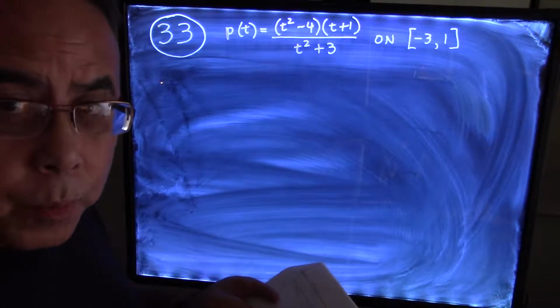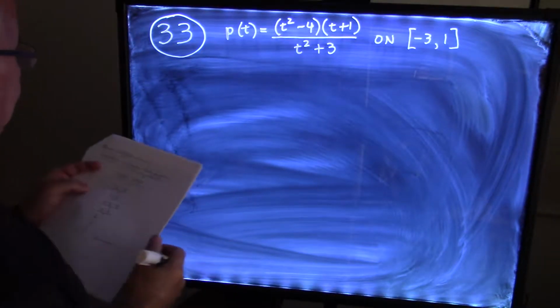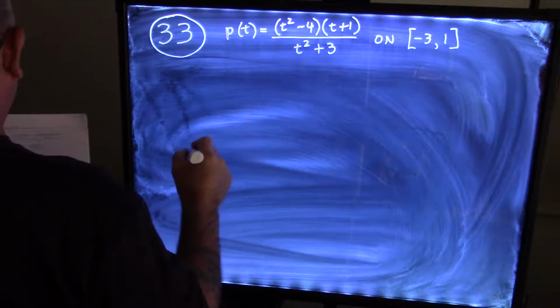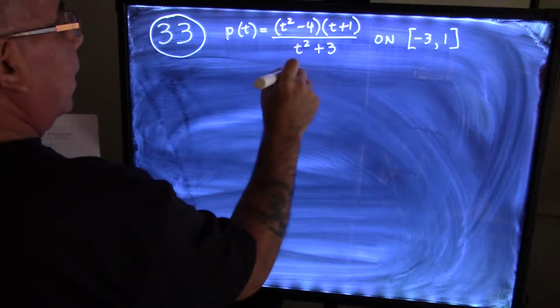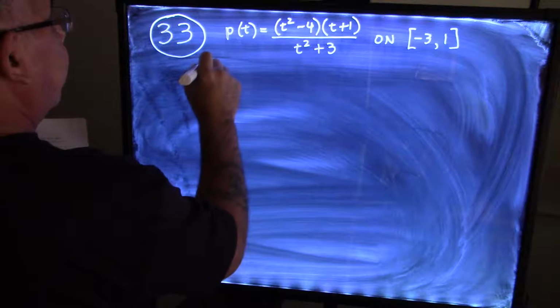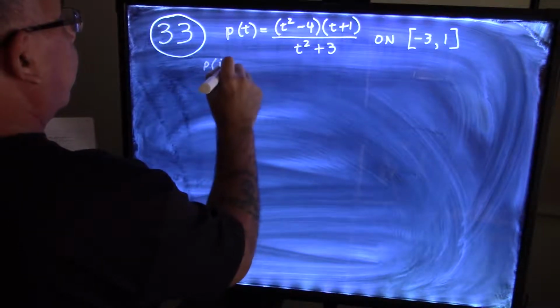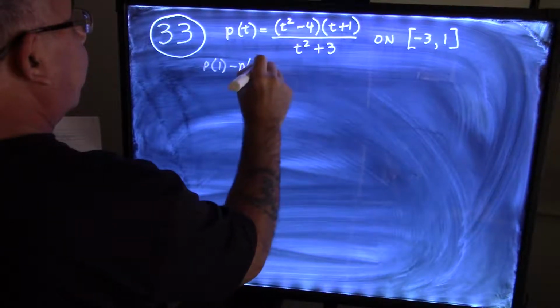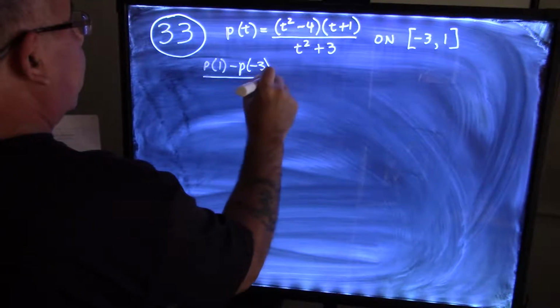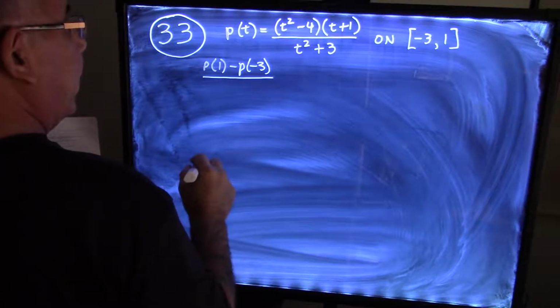Okay. So we've got p of 1 minus p of negative 3 over 1 minus negative 3.